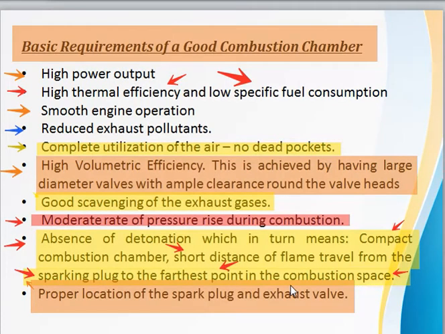It is nothing but the design of the shape of the combustion chamber, location of the spark plug, and the location of valves. So again, that parameter has been repeated, that location of spark plug and exhaust valve will lead to a good performance.